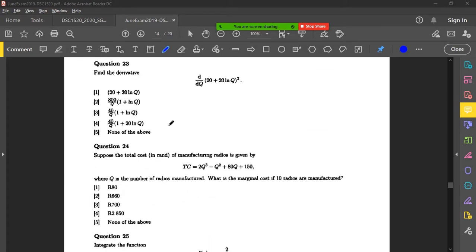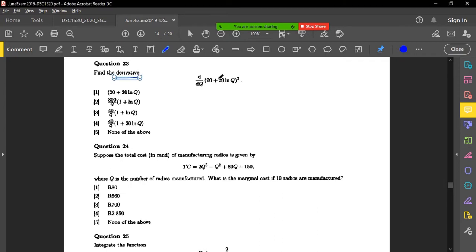There we go. 23 is quite tricky because you're looking at the derivative, and you've got a square here. The first step would be to multiply out. Actually, let me think about this. If I'm looking for the derivative, you can probably use the chain rule here because you've got this bracket squared. So you could say u equals 20 plus 20 ln q.